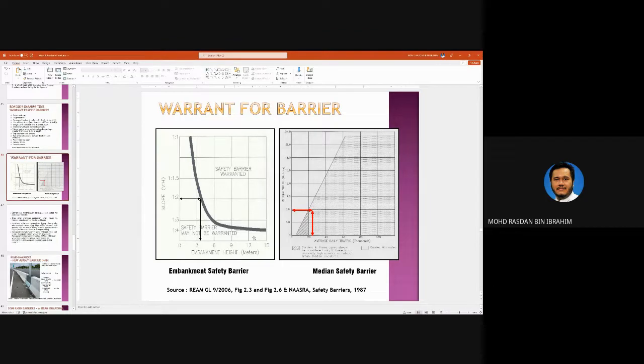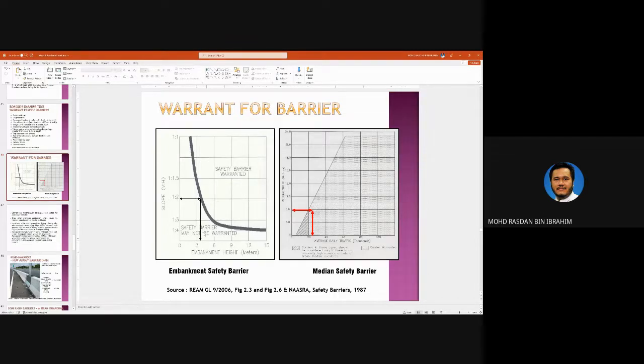The same case is correct for embankment. When you have a higher embankment, the risk of vehicles going off that embankment is higher. So this is the slope of the embankment.